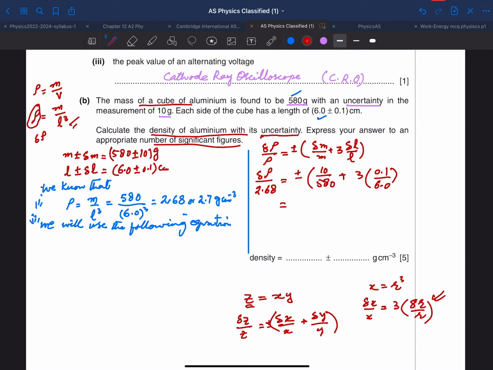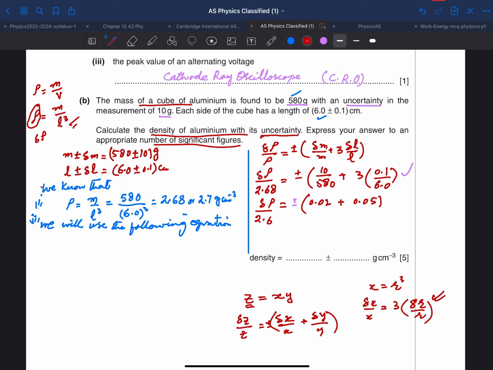When you calculate the result for this part, you get 0.02 here and 0.05 here.